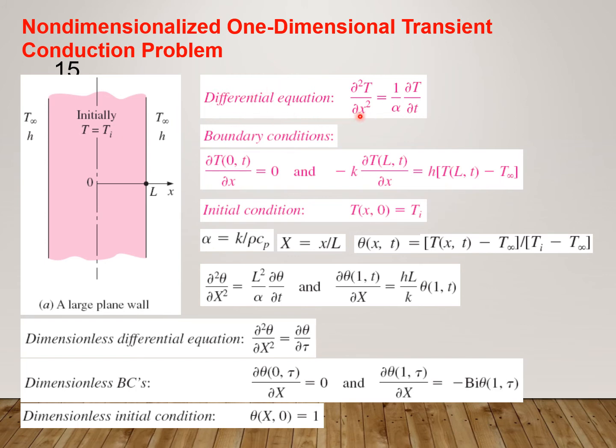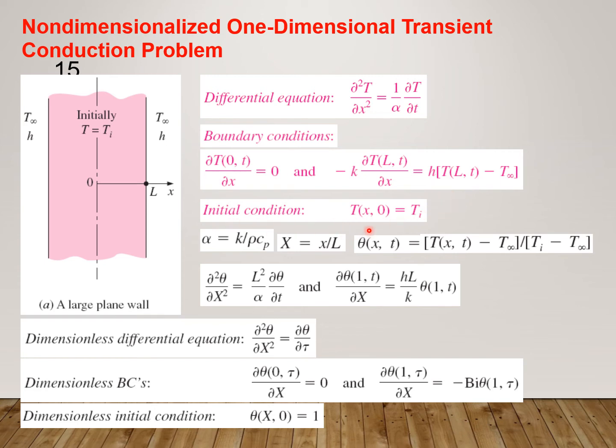The differential equation is del squared T upon del x squared equals 1 by alpha del T upon del t. Boundary conditions: del T upon del x at x equal to 0, t is equal to 0, and minus k del T upon del x at x equal to L, t is equal to h times T of L, t minus T infinity.